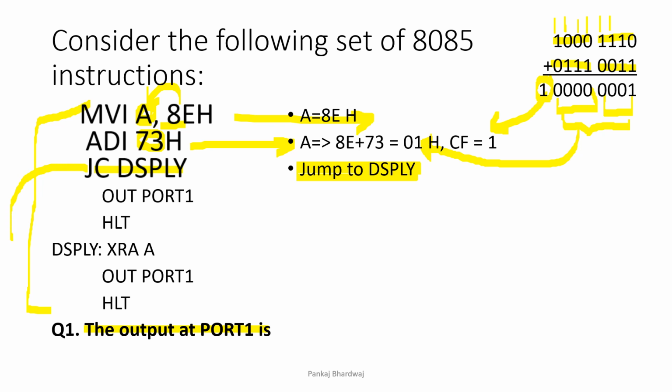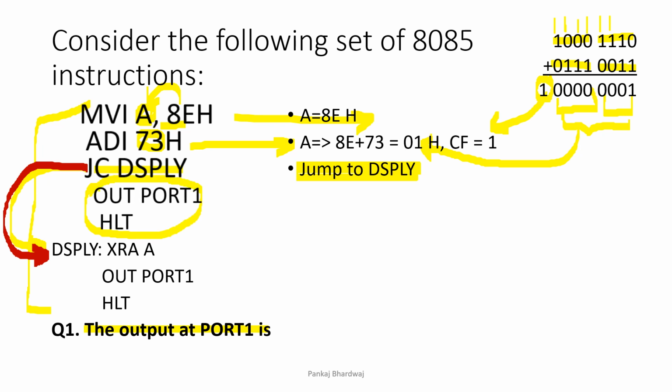Display is here, that means we are going to jump from this line to this particular line. That means these two lines, these two instructions, will be skipped because we have jumped to display.